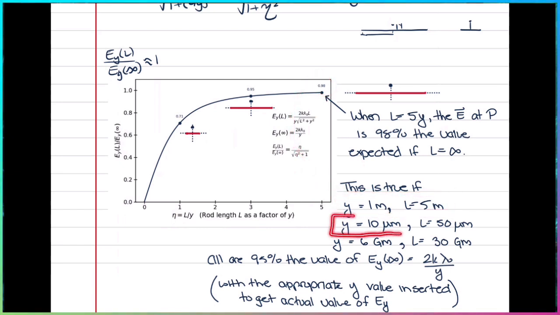If y is 10 micrometers and L is 50 micrometers, this is true. If y is 6 gigameters and L is 30 gigameters, this is true, because in all of those, L is a factor of 5 bigger than y. And that is what this axis is telling you. So it's usually very helpful if you can non-dimensionalize things.